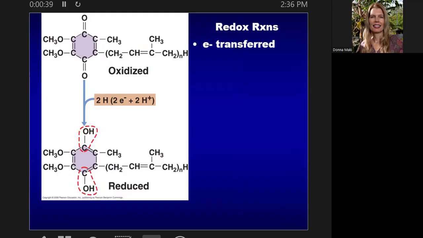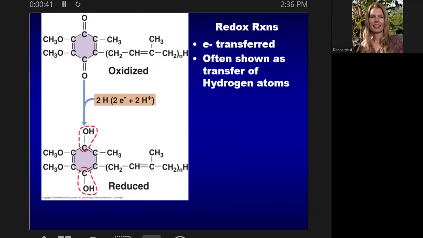But when I'm looking at the reactions, I'm like, what, where? And so if you can remember that it's often shown as a transfer of hydrogen, then you're set, because you have to remember hydrogen is composed of an electron and a proton. And so you are getting transfer of electrons if you see hydrogen getting involved in the game here.